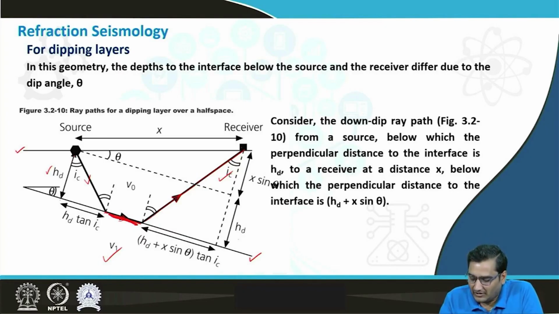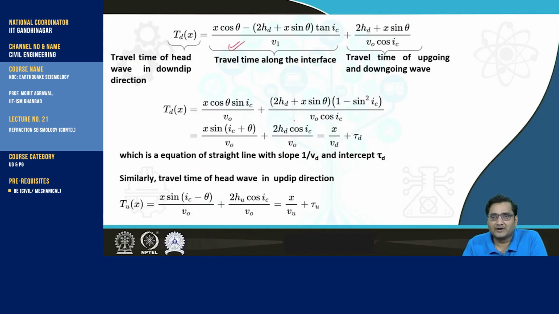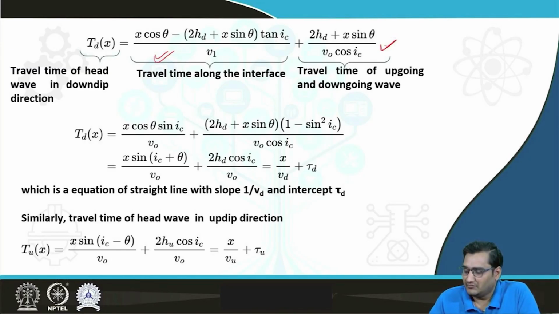Now, to calculate the travel time of the downgoing wave and the upgoing wave, we can sum them up, and collectively write the travel time for both as (2hd plus x sin theta) divided by V0 cos IC.